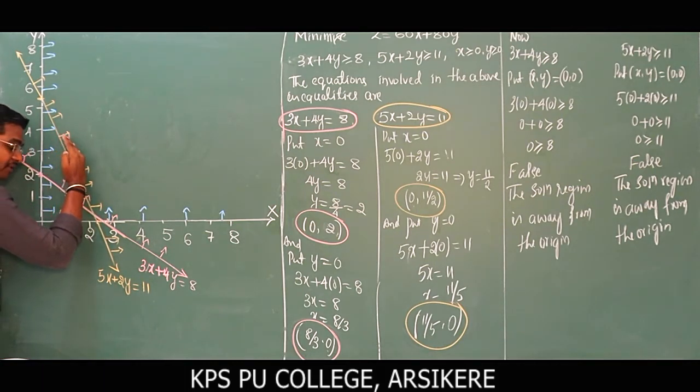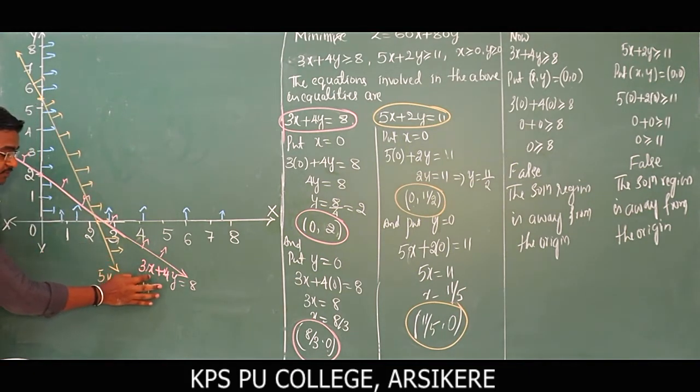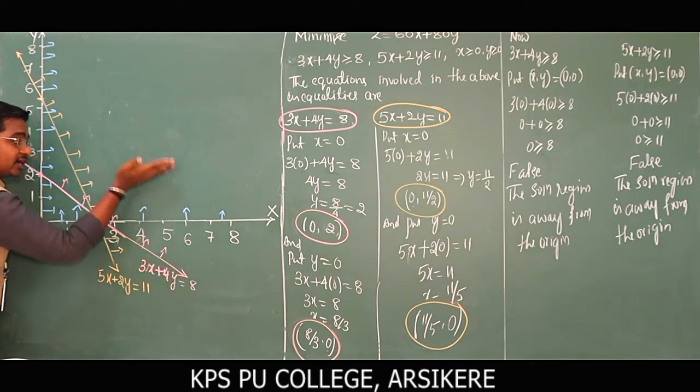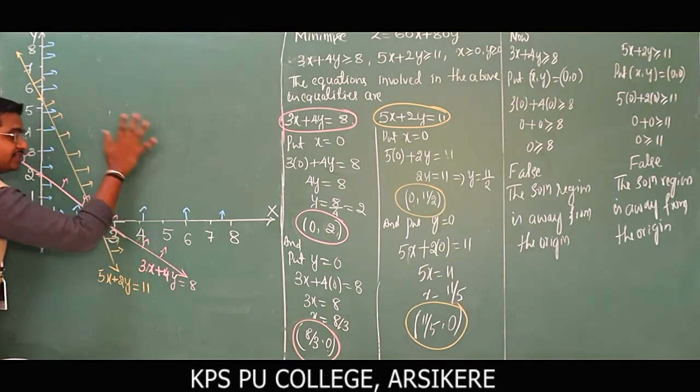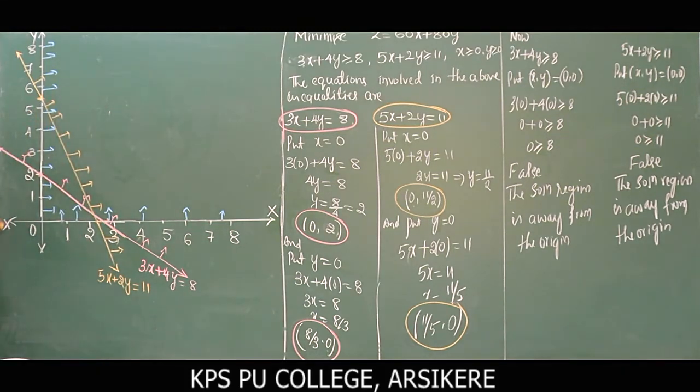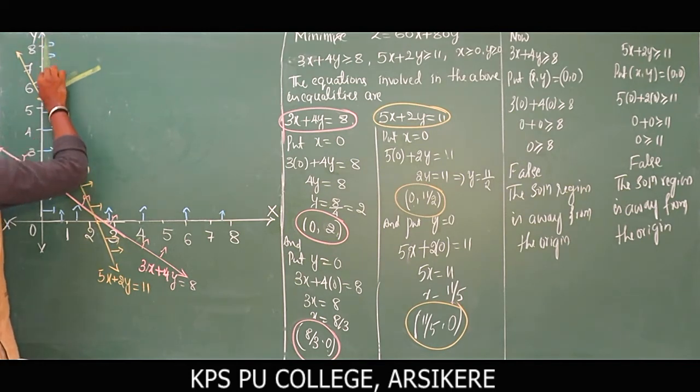You'll notice 5x + 2y ≥ 11 is satisfied, and next 3x + 4y ≥ 8 is also satisfied, as are y ≥ 0 and x ≥ 0. So this entire region becomes the feasible region. Now shade the region.